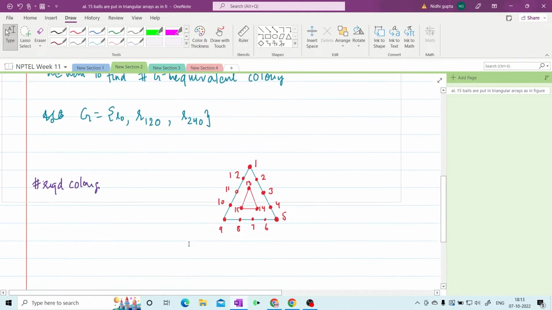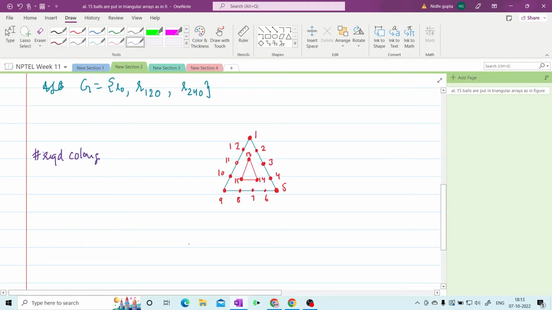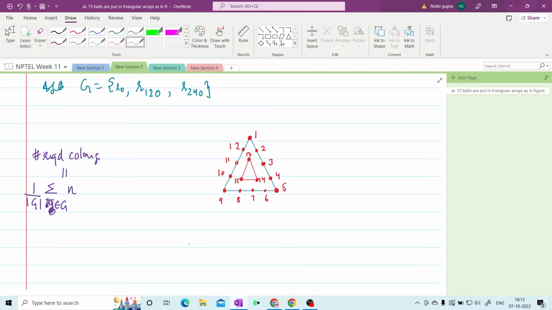Now we want to find the number of G inequivalent colorings, and by application of Burnside lemma this is the same as 1 over order G, sum over pi belongs to G, of n to the power C of pi.